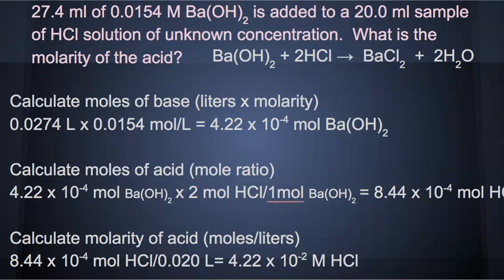And then we take those moles and divide by the volume of the acid. So 8.44 times 10 to the minus fourth moles divided by 0.020 liters gives us 4.22 times 10 to the minus second molar HCl. That's your concentration.